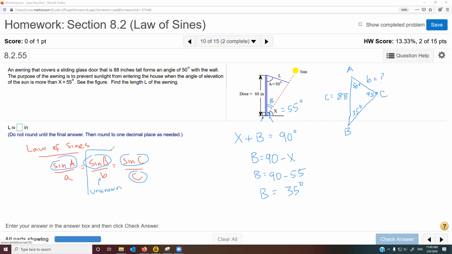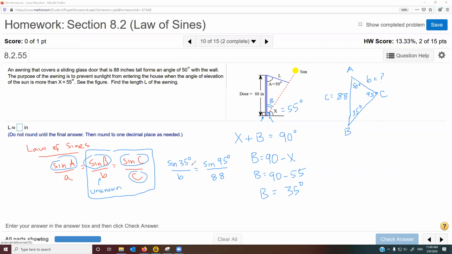Well, that means I'm going to set up these two fractions equal to each other. Okay, let me do it. It's going to be sine of angle B, which was 35 degrees, over side B, which is unknown. That's going to be sine of angle C, which in our diagram is labeled as 95 degrees, over side C, which was given as the height of the door, which is 88.